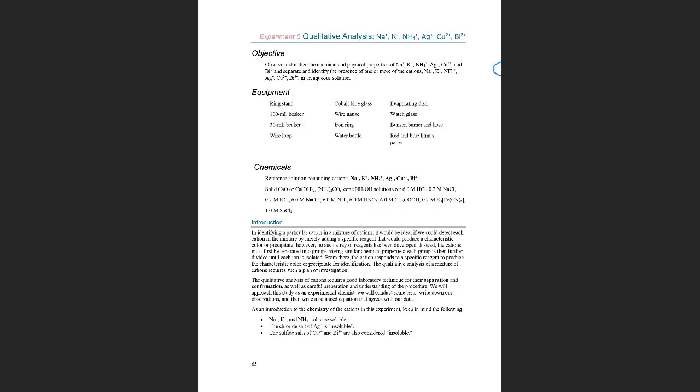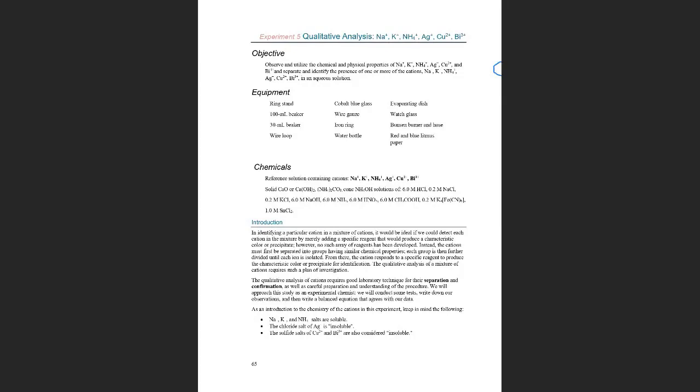What you want is to add a substance or a reagent or any reactant that will give you a signal: the color will change, or a gas will evolve, or you will smell something, or the pH will change, some kind of signal that will let you say, oh, I have this ion.